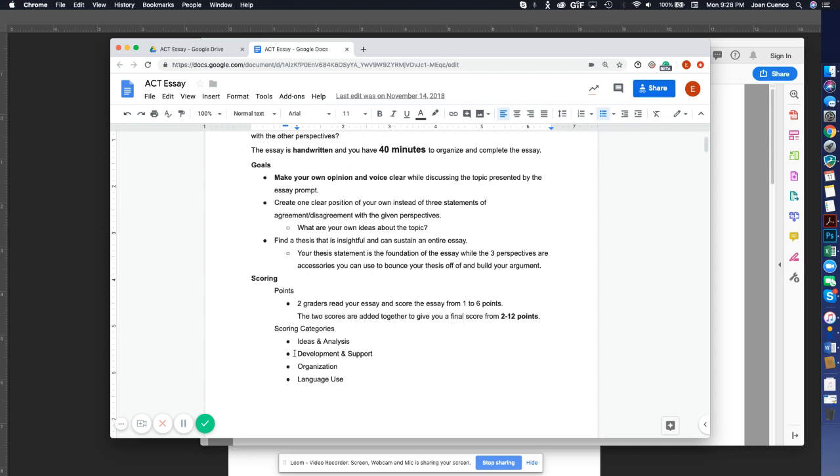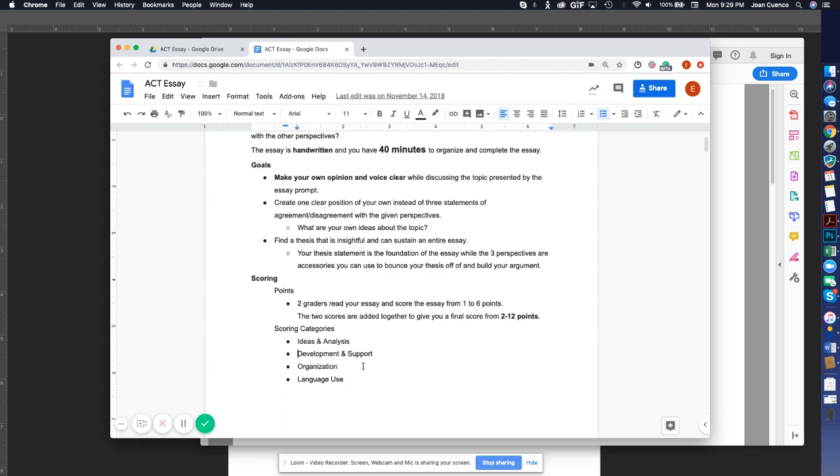There'll be 4 categories that the graders will grade you on. For ideas and analysis, they'll give you up to 6 points each, so a total of 12 points possible on ideas and analysis, 12 points possible on development and support, 12 points possible with organization, and 12 points possible with language use.